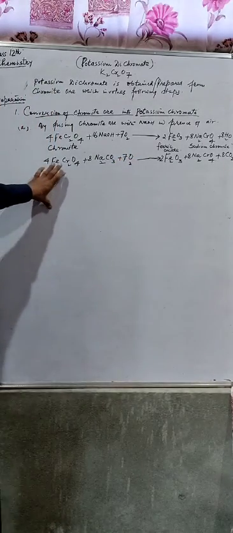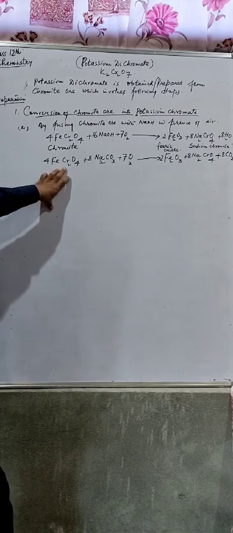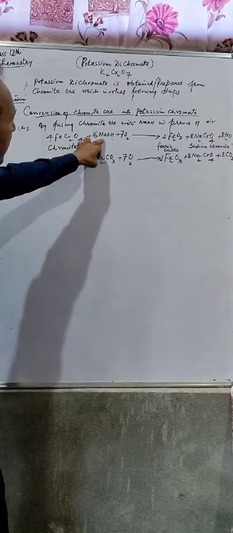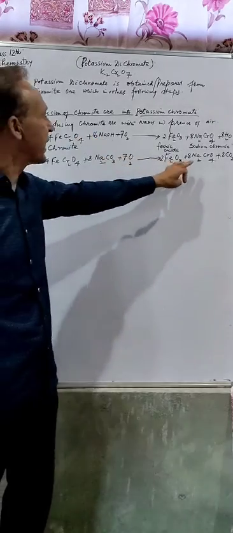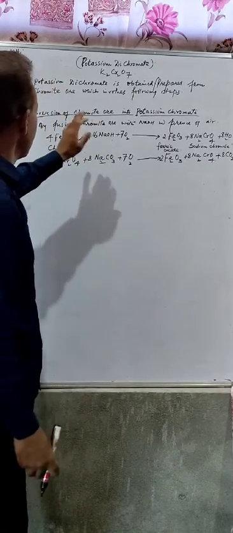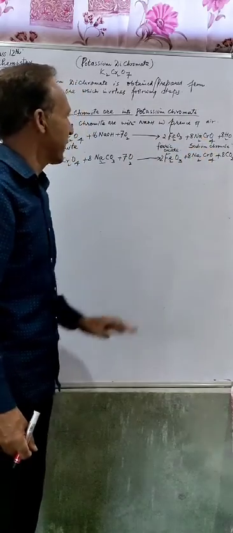Now, this is the second reaction in which we convert this chromite ore, when it is fused with sodium carbonate instead of sodium hydroxide, and we get sodium chromate. In both the reactions, we convert chromite into sodium chromate.